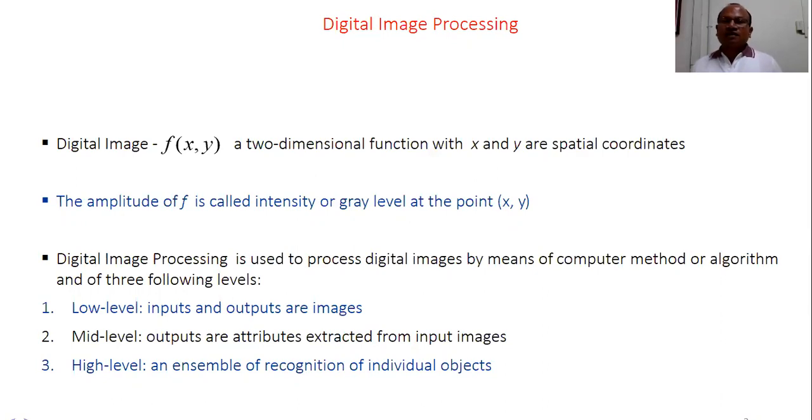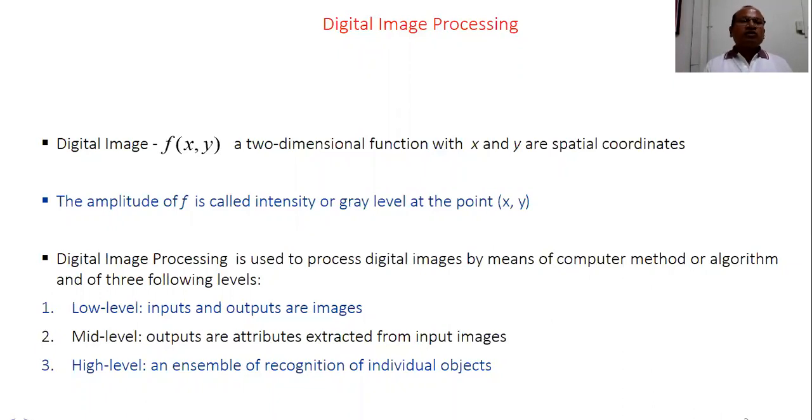As we have already seen in previous lectures, what do we mean by digital image? A digital image is a two-dimensional signal, a two-dimensional function, which has x and y spatial coordinates. The coordinates x and y of any image indicate the pixel position, the location of the smallest element inside the image.